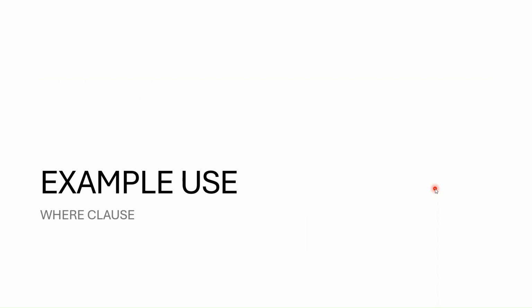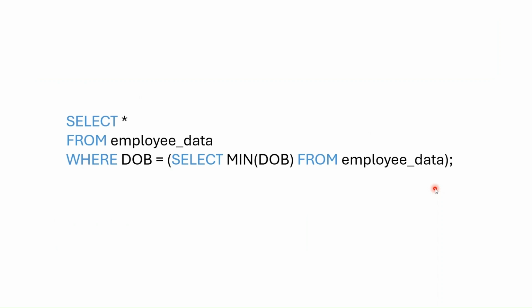So we're now going to take a look at an example use case with the where clause. So let's take this SQL query, for instance, and let's walk through it step by step.